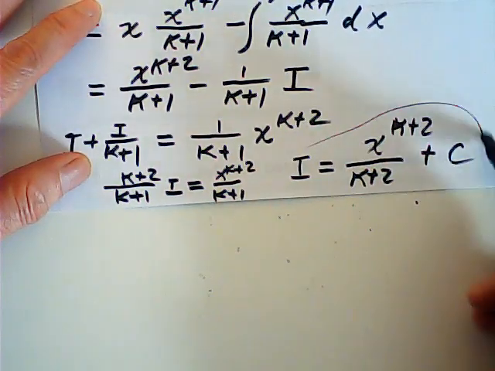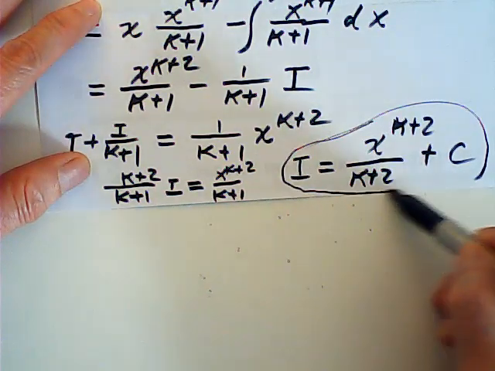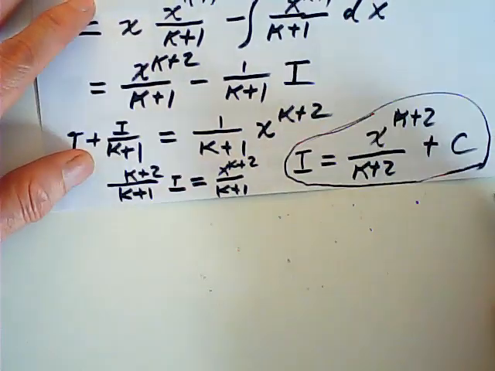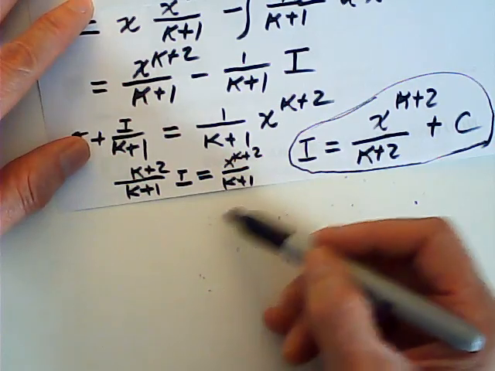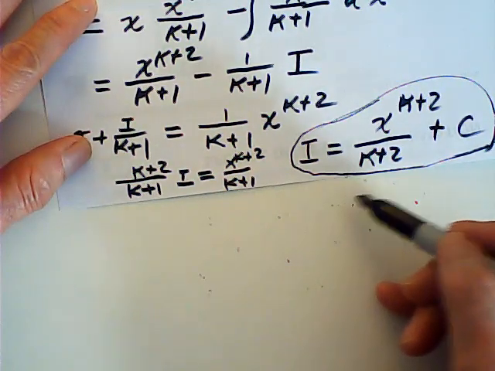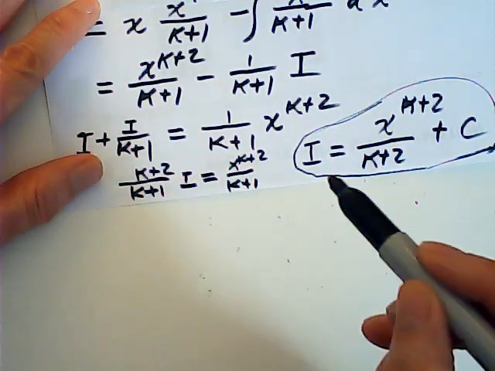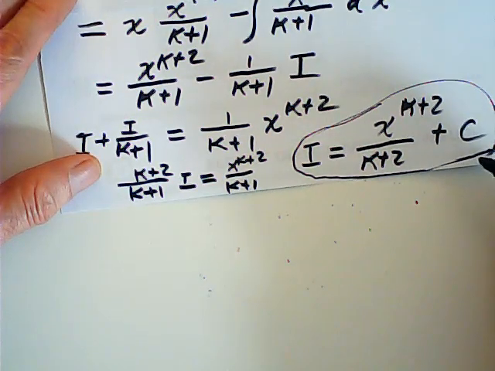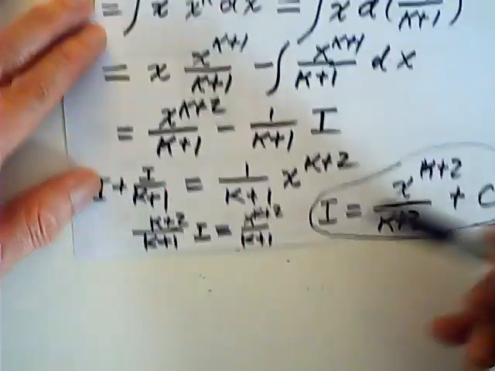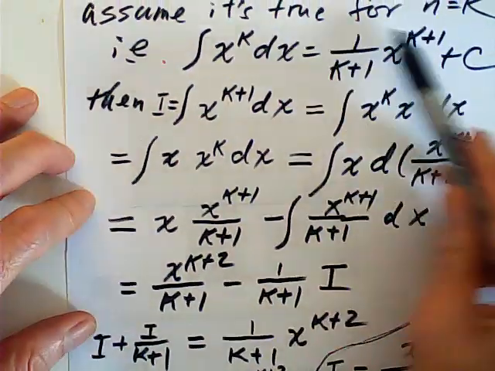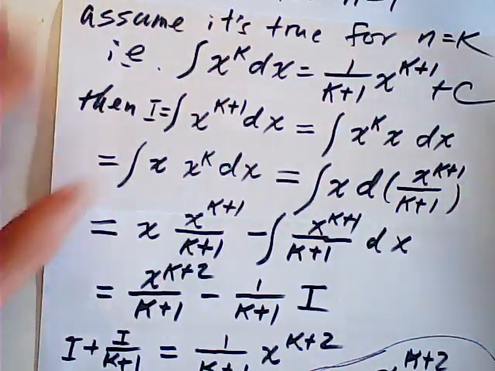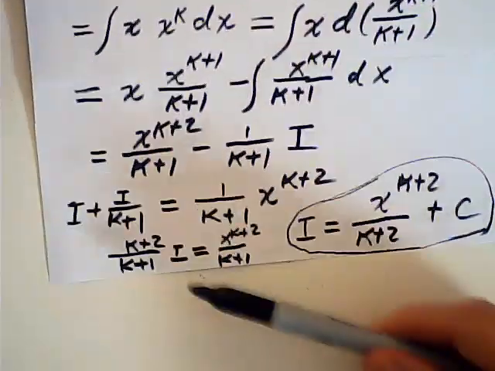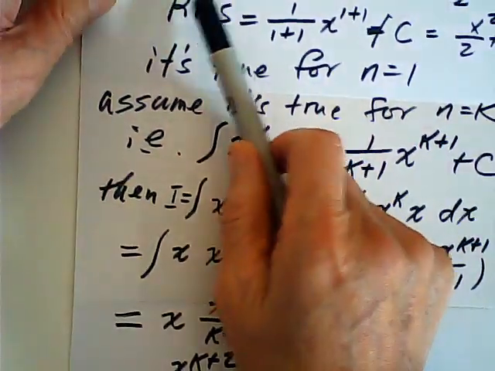I don't have room to write, so I should say that it is true for n equal to k plus 1. Therefore, it is true for all n. First, I let n equal to 1.